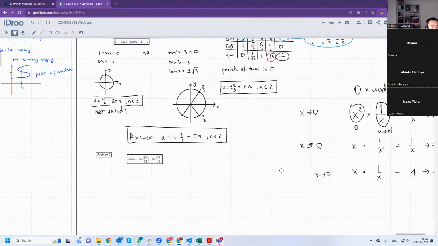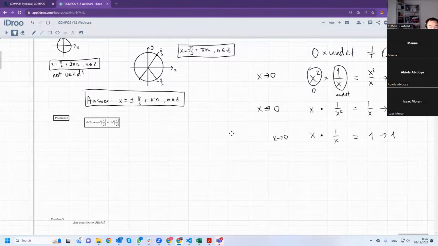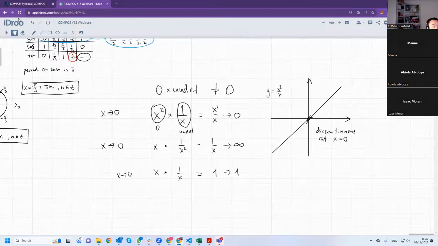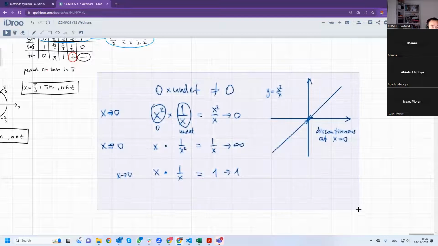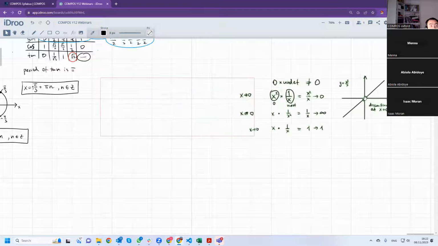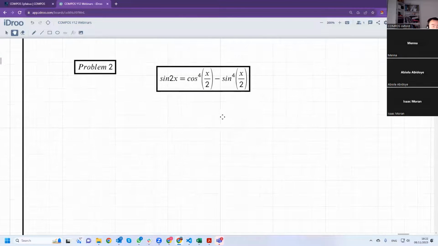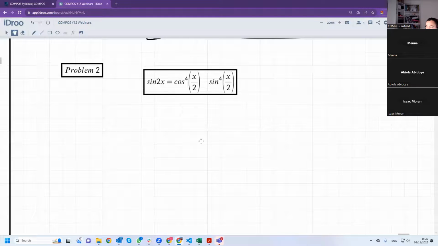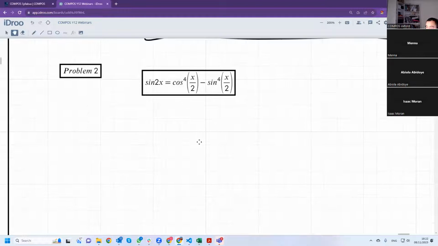Okay, right. So yeah, that is a good question. Undefined is undefined for a reason, and anything times undefined is also undefined. You could use L'Hopital's rule, yes, but to evaluate the limit, not x squared over x.